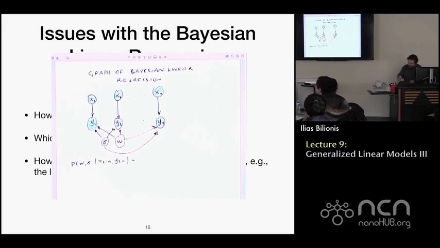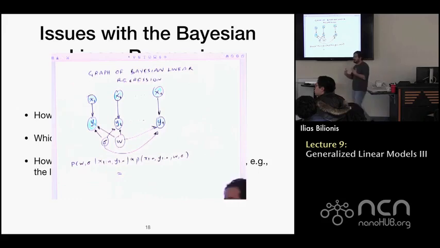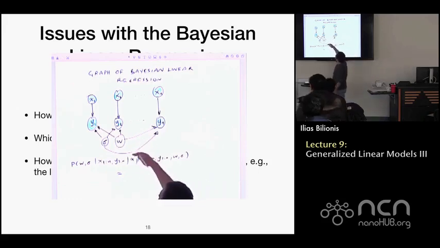So it's going to be proportional to the joint probability of everything. So we have proportional to the probability of x1n, y1n, w, sigma, right? So this is a joint, and then you can start decomposing the joint by looking at the graph, right?